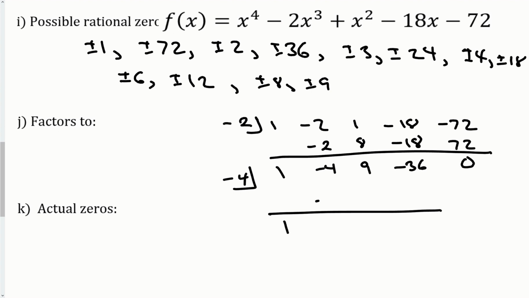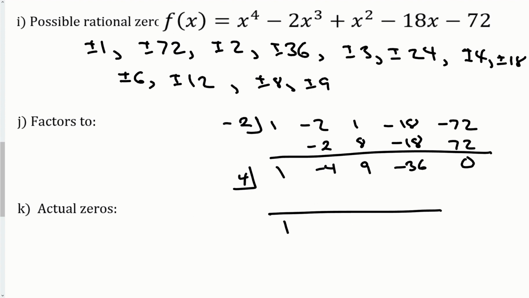So that's 1, negative 4, negative 8, which would be a positive 32. Nope. Let's not negative 4, positive 4. Okay.